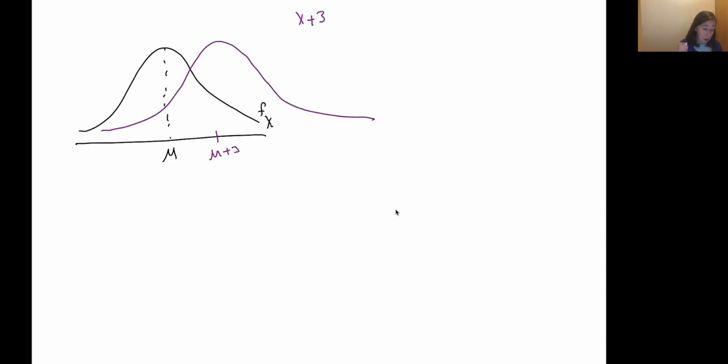If instead we change the variance or the standard deviation. So actually, let me finish up what I want to say about the expected values here. Adding terms to a normal random variable is just going to shift this PDF to the right or to the left by the amount of B. So here's the PDF of X plus, I said it was 3 there.